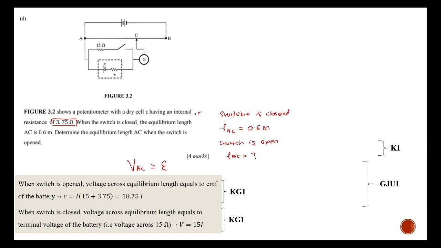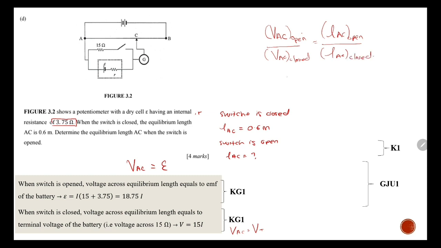VAC is equal to the EMF when the switch is open. When the switch is closed, the V across the equilibrium length, VAC, is equal to V terminal. So we can use the relationship VAC open over VAC close is equal to length AC open divided by length AC close.